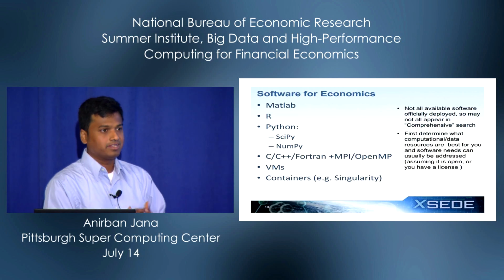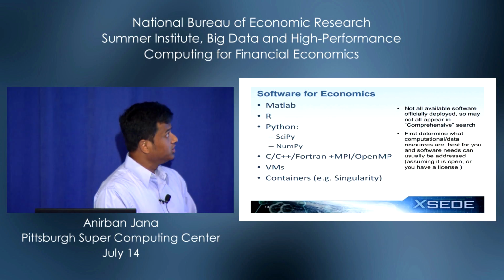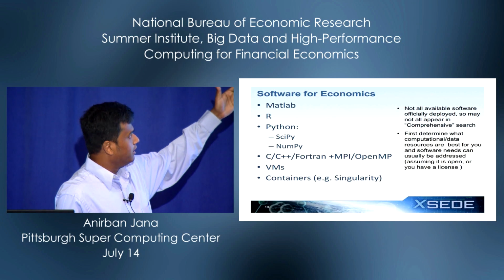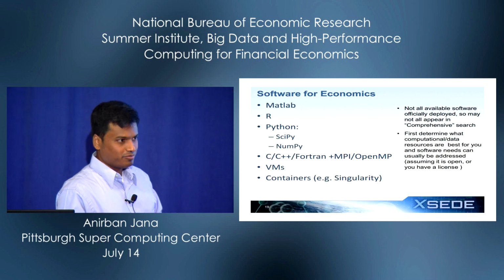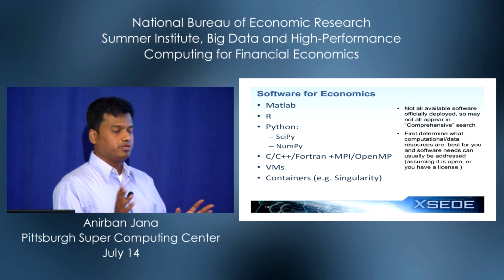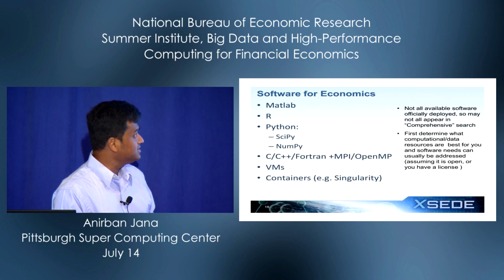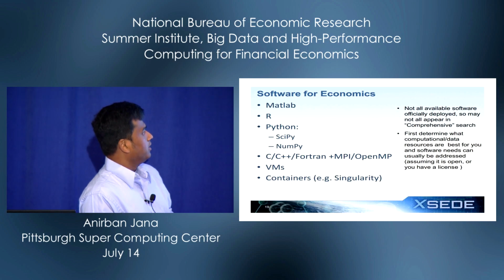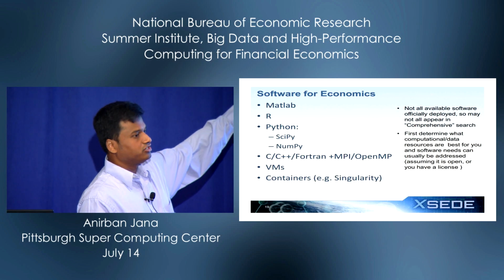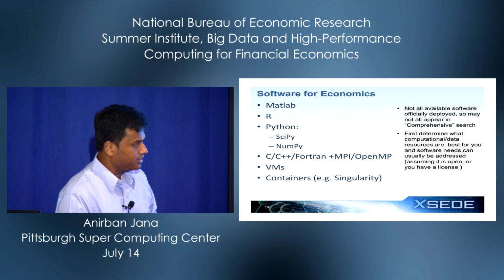Some of the software that is important for computational finance or computational economics, such as MATLAB, R, Python, those are probably more popular in this community, and they are actually, I think, pretty ubiquitous. I think most of the resources, or all the resources, have these, including packages under Python, for example, such as SciPy, NumPy, a whole bunch of machine learning packages.